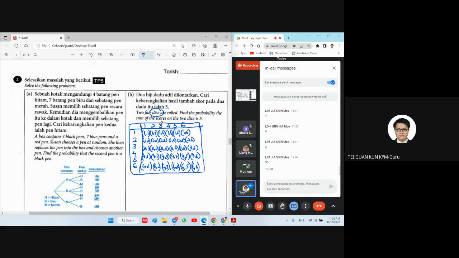The question asks for the probability that the sum of score on the 2 dice is 5. So, probability sum of score is 5.